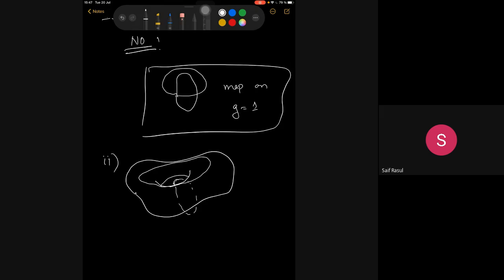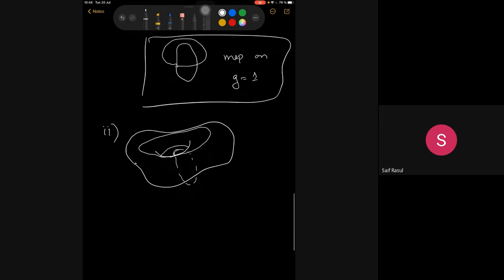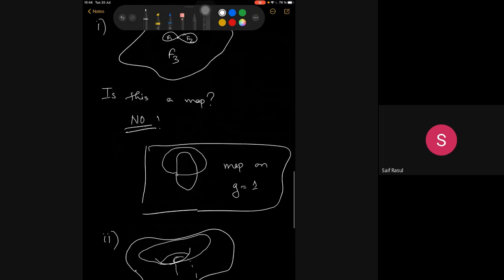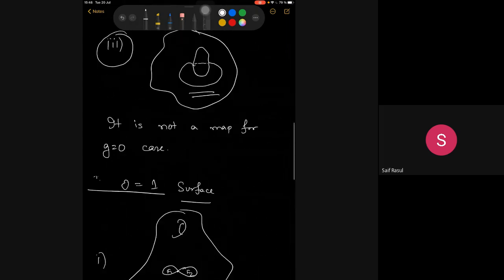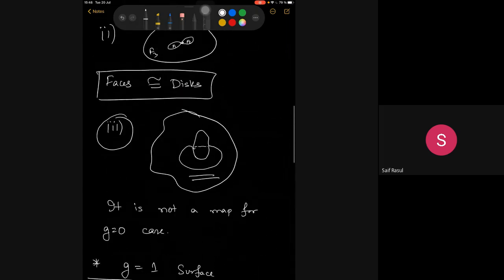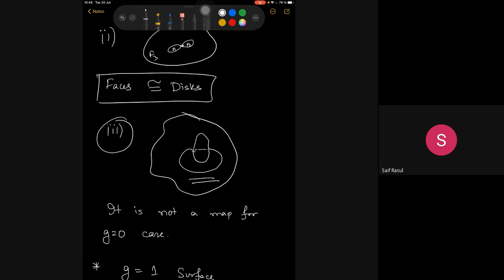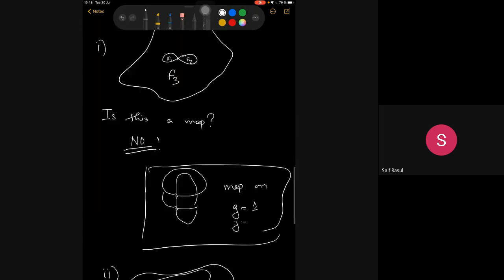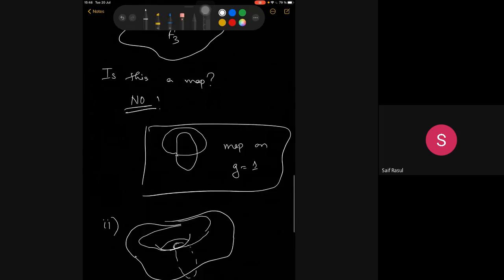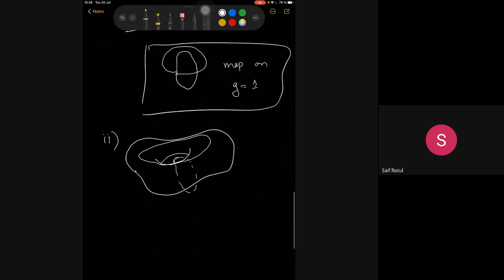So have a look at the picture I posted on Slack. You'll understand why this is a map. And so an important thing to notice is, even though this graph wasn't a map in the genus 0 case, it is a map for the genus 1 case.